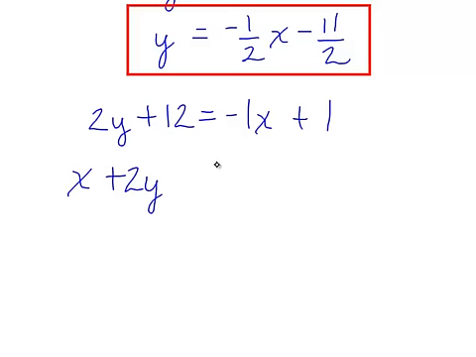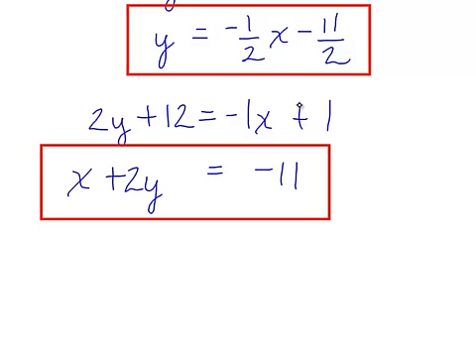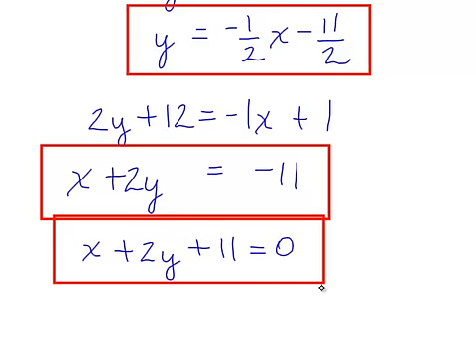I would subtract 12 from both sides, and I would get -11. So that is in standard form. Of course, I could have brought the 1 over here. That would be x + 2y. If I had subtracted 1, I would have had +11 = 0. And that is general form.